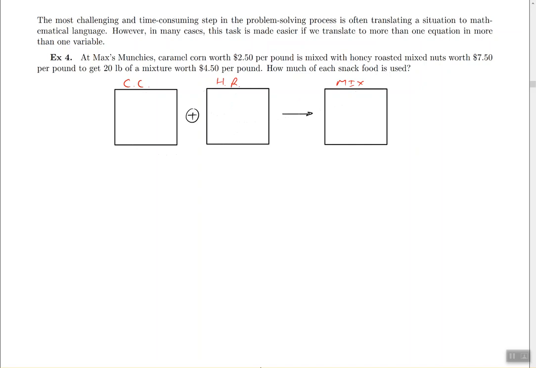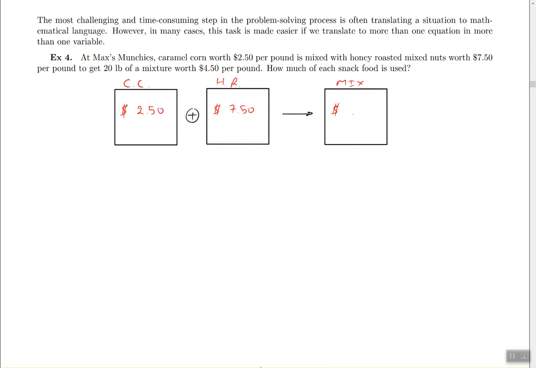Now, I'm going to label each one of these containers with some information. On the container itself, I'm going to write down how much money it's worth, and on the bottom, how many pounds I have. For instance, the caramel corn in this problem is worth $2.50 per pound. It's being mixed with the honey roasted mixed nuts, which is worth $7.50.